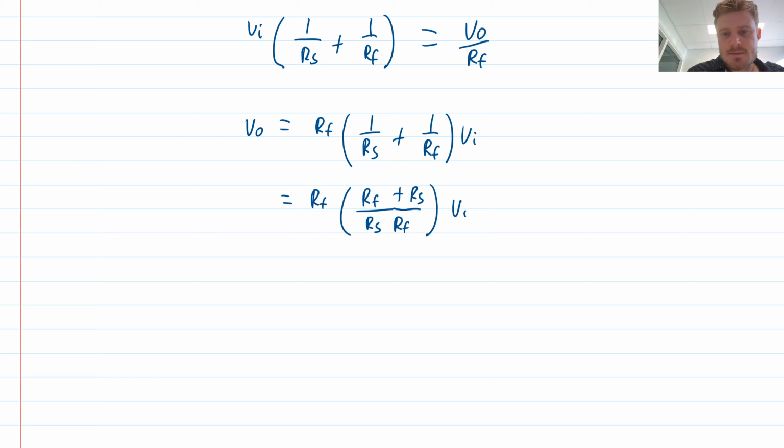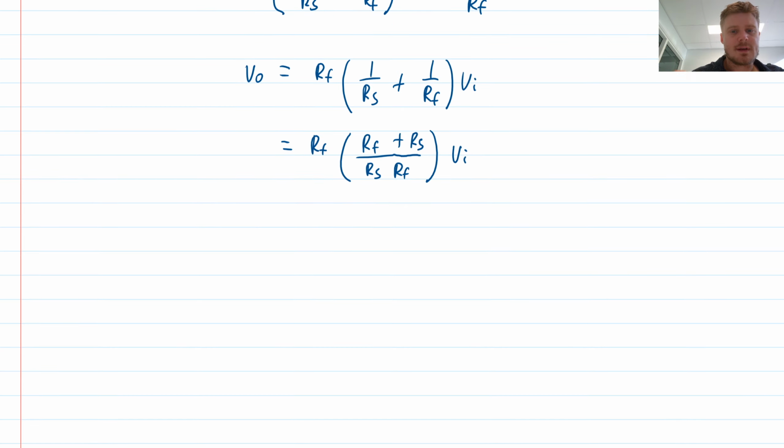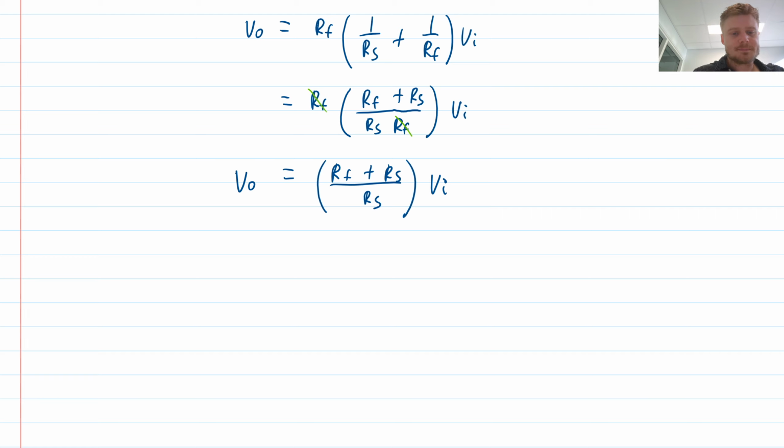That's just putting these fractions over a common denominator, and then I can cancel Rf here. So what I end up with is just Rf plus Rs divided by Rs times Vi, and that's my expression for Vout. So this is the gain of the non-inverting amplifier.